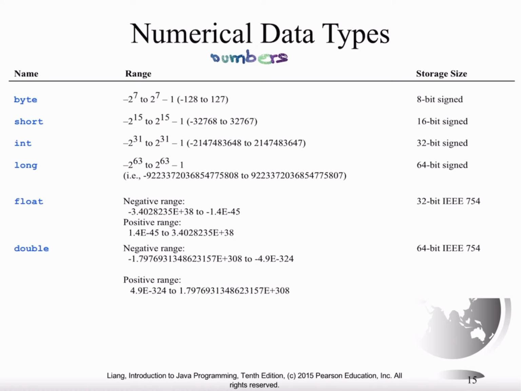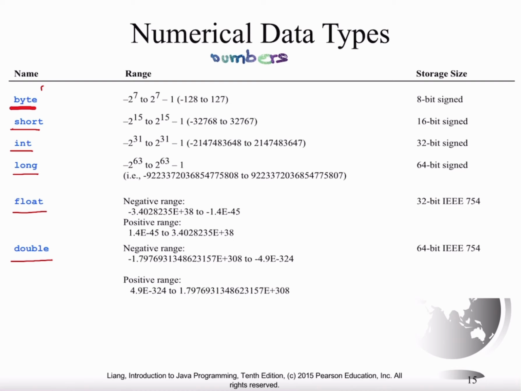You can't use a numerical data type for it. But you can define numbers, of course. So for the numerical data types, there is byte, short, int, long, float, and double. A byte is the smallest, and double is the biggest.